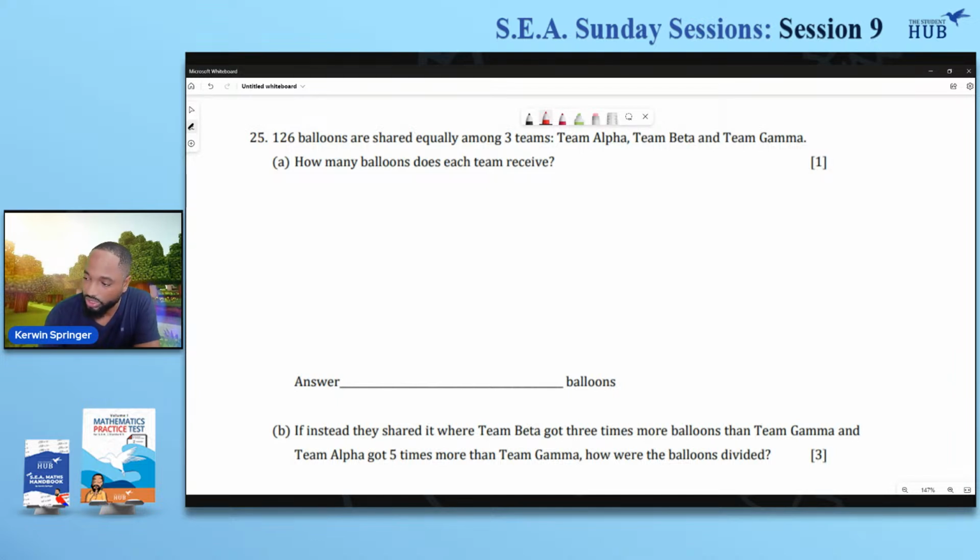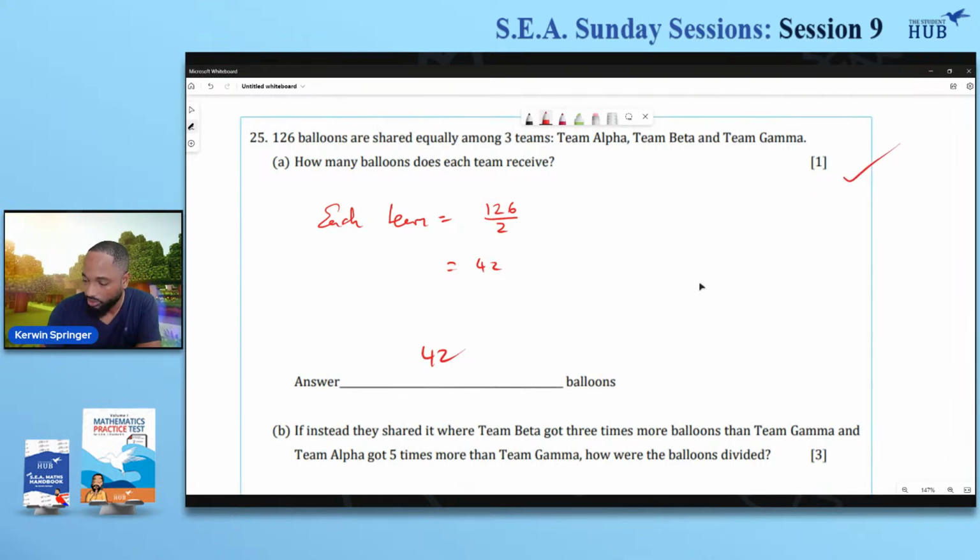How many balloons did each team receive? Since it's shared equally, each team will get 126 divided by 3. How much is that? 42. So that's 1 mark.